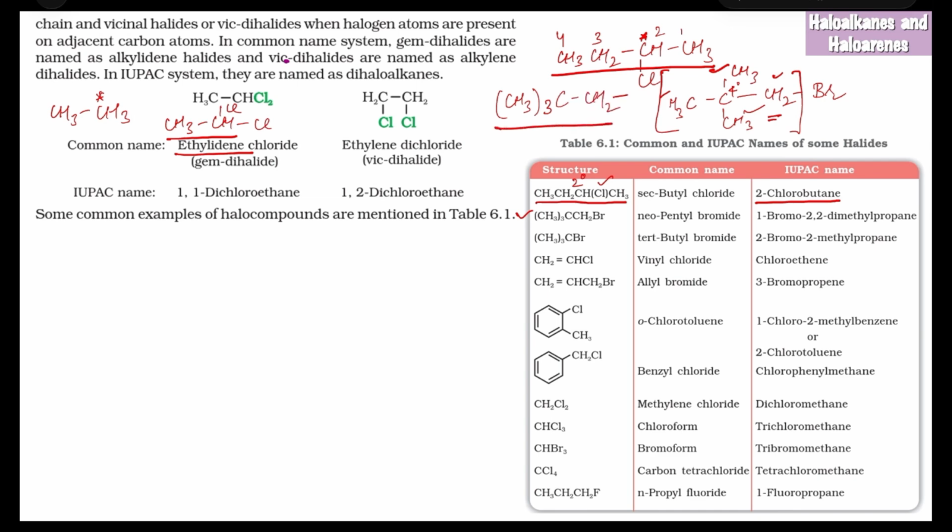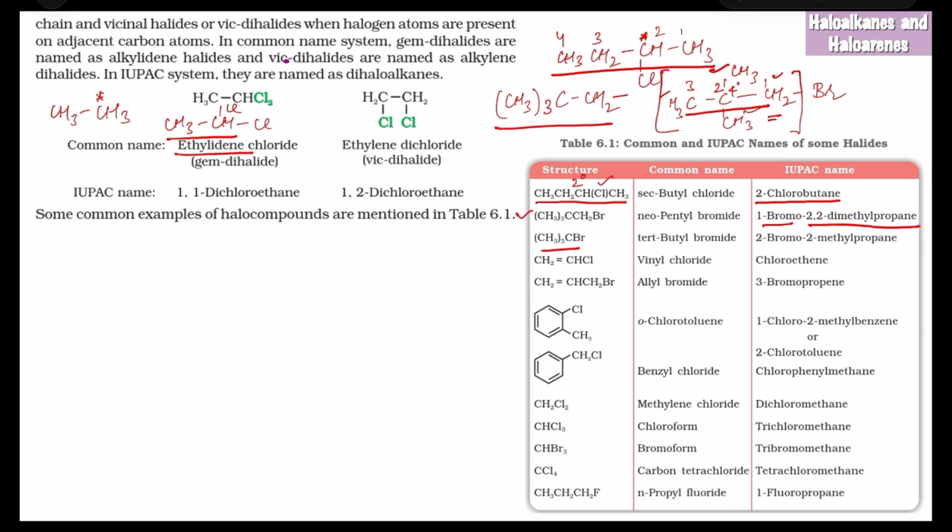So this is the neopentyl group. And writing the IUPAC name, numbering the chain 1, 2, 3. So on the second carbon 2 methyl groups, on the first carbon bromine. So 1-bromo-2,2-dimethylpropane. The longest carbon-carbon chain contains 3 carbon atoms. So propane.